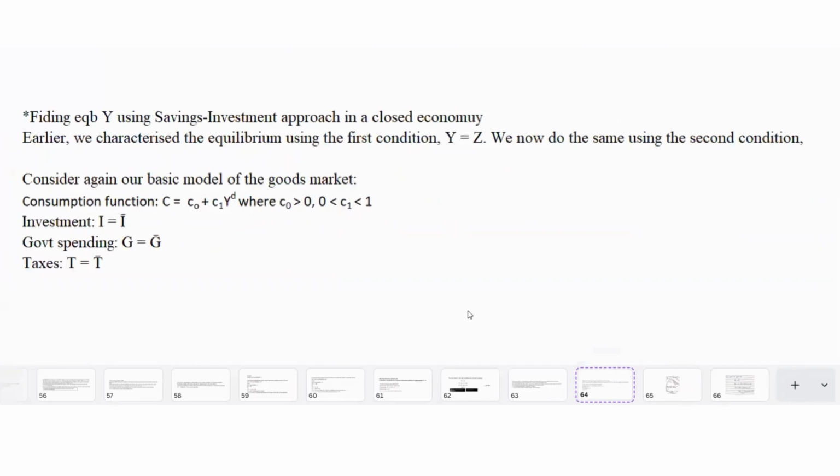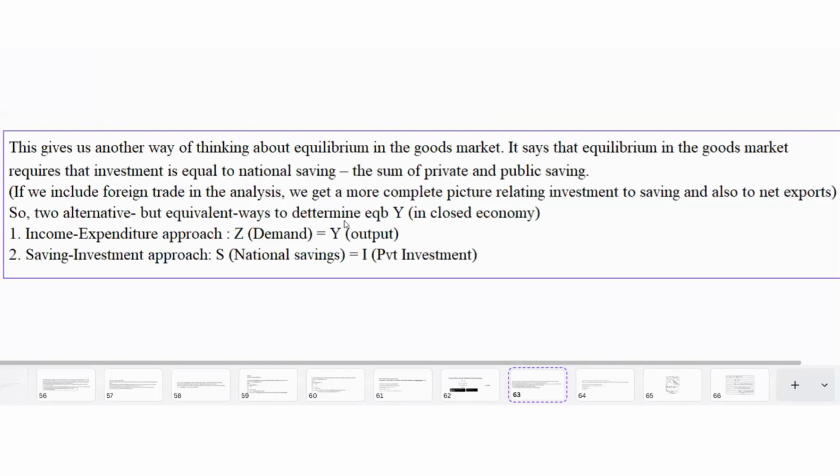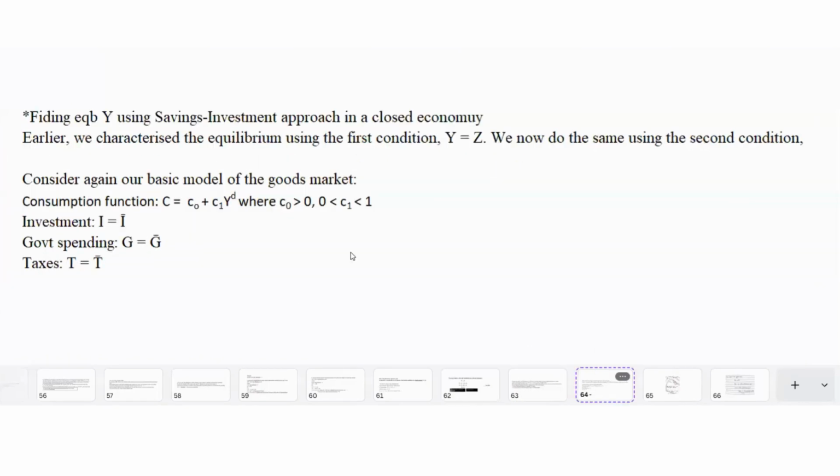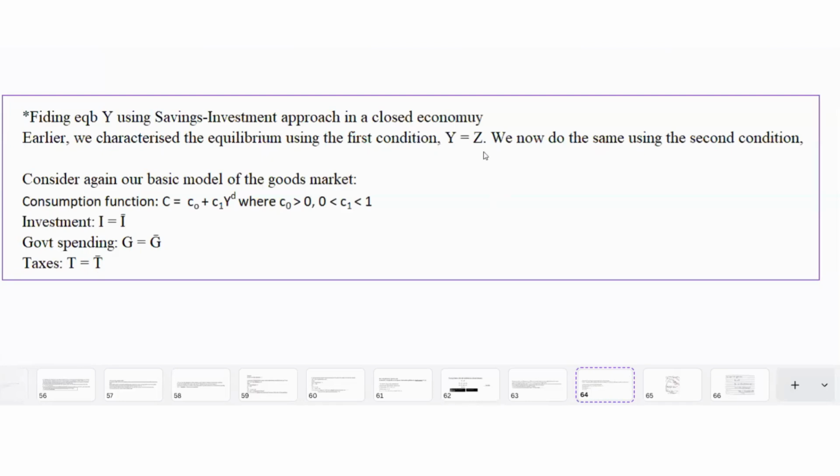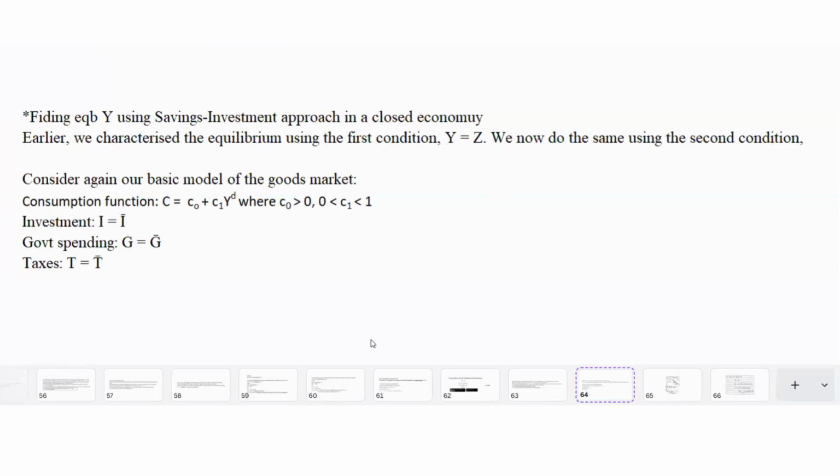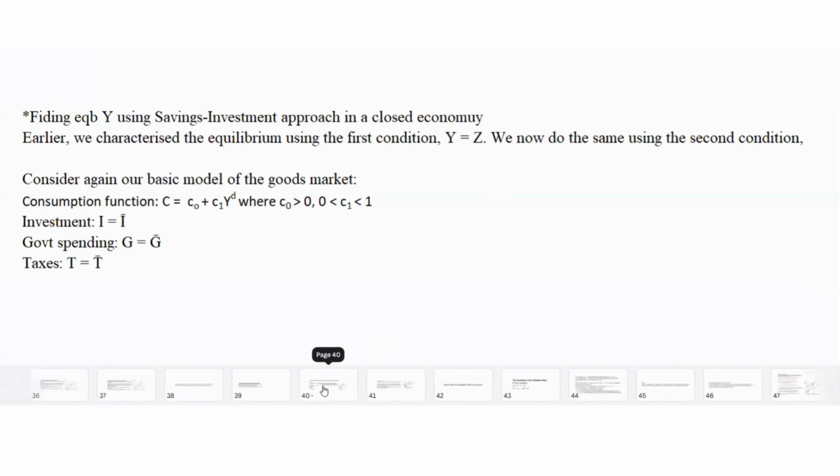So let's now find equilibrium Y using the savings investment approach in a closed economy, the I is equal to S approach. Earlier, we characterized equilibrium using the first condition, Y is equal to Z. We now want to do the same using the second condition.